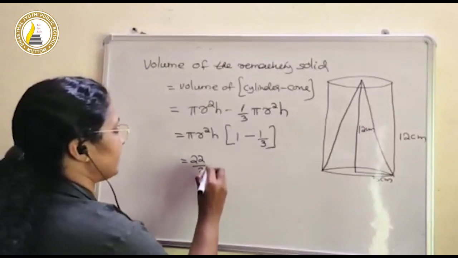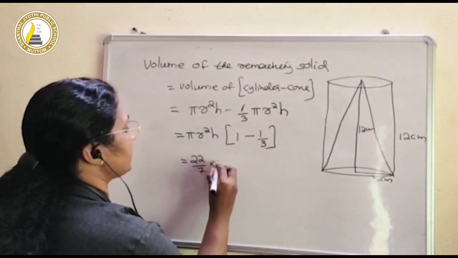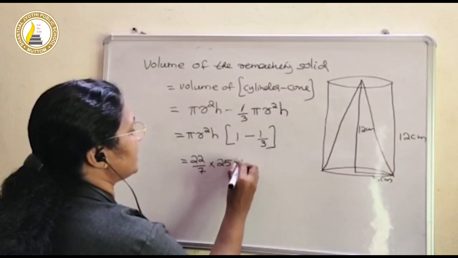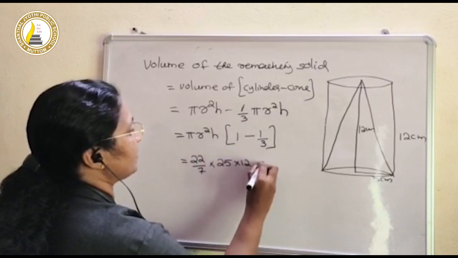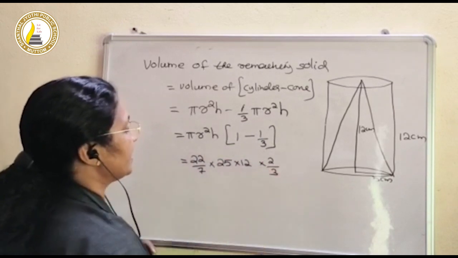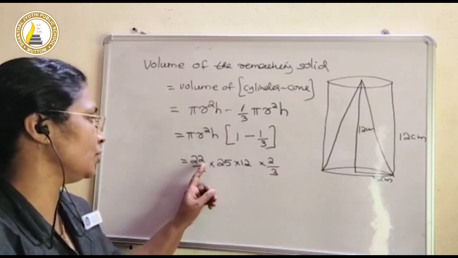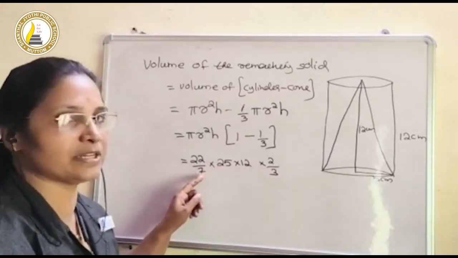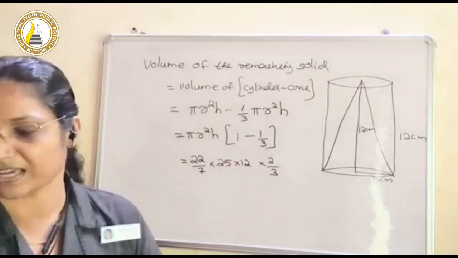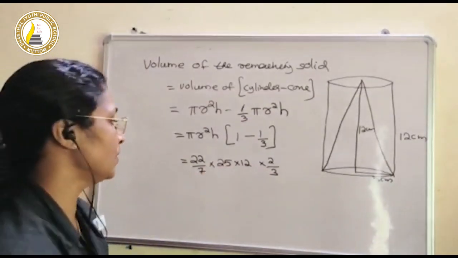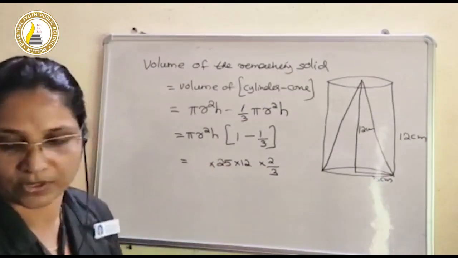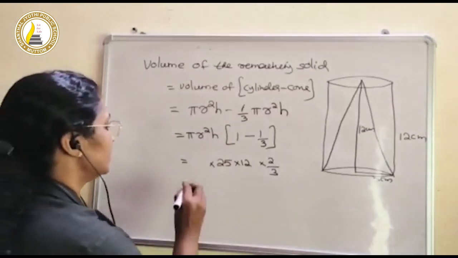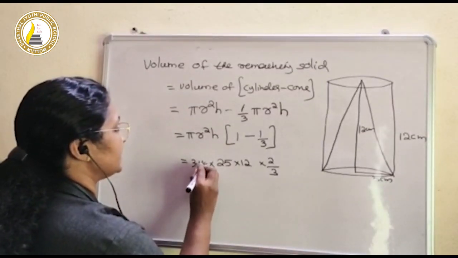That is 22 by 7 into radius 5, 5 square 25, height 12, 1 minus 1 by 3 means 2 by 3. Here the numerators are 22, 25, 12 and 2, which are not multiples of 7. So we can change pi's value to 3.14.